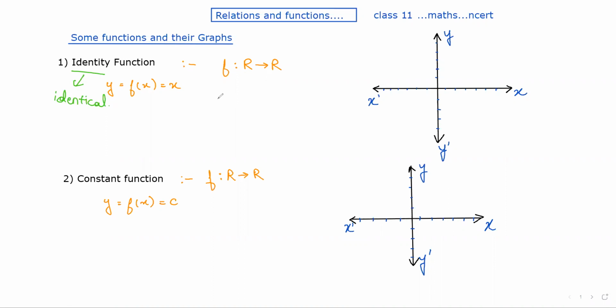We know that any standard function from set A to set B is defined as a set of all x, y such that x belongs to A and y belongs to B. Here, for any relation to be a function, your first set A should be the domain, and set B is by default your codomain.